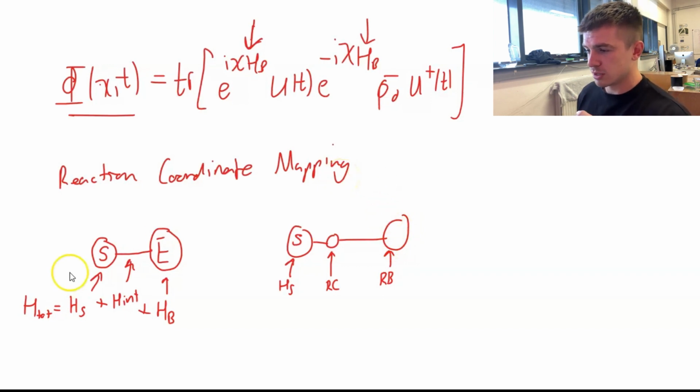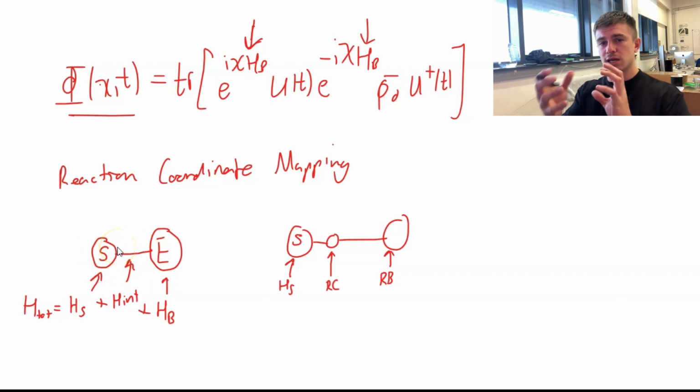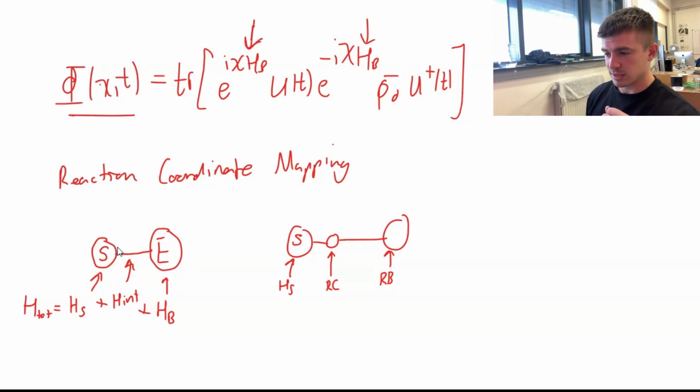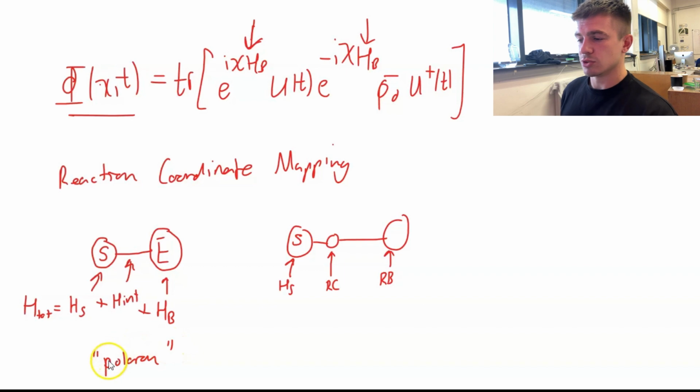Well, we do this in situations where the system is coupled strongly to the environment and where there are no parameters that are small enough for us to rotate with a unitary transformation such that the interaction can be perturbed about one of these small parameters. And an example of that we could do is the Polaron transformation. So we use the reaction coordinate mapping in situations where there are no small parameters that we can use to use perturbation theory.